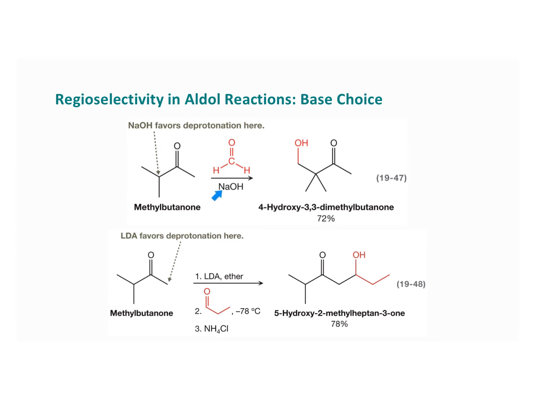It shows that NaOH is the base, and what we find here is when NaOH is the base, deprotonation is favored at the more substituted alpha carbon here, and the major aldol product has the form that appears right here. If LDA is used as the base, then deprotonation is favored here at the less substituted alpha carbon, and the major aldol product is here.